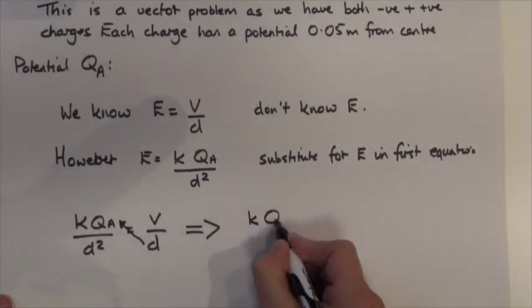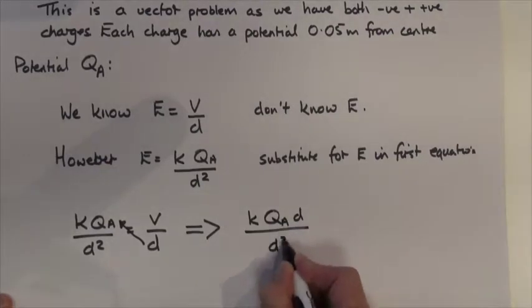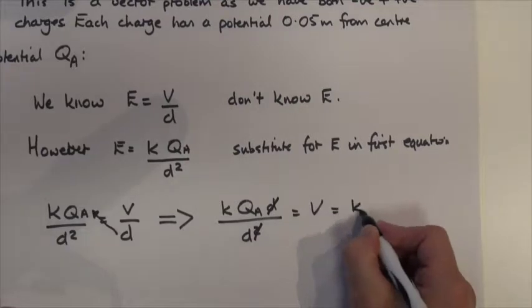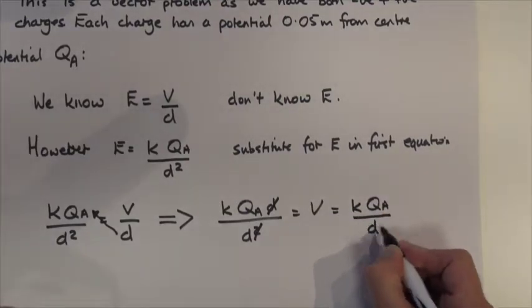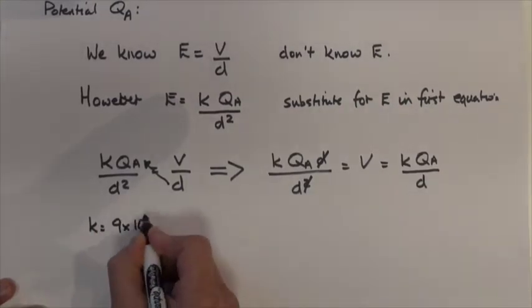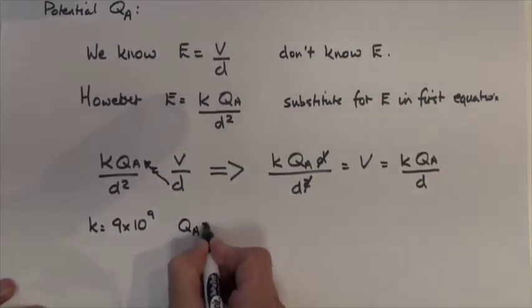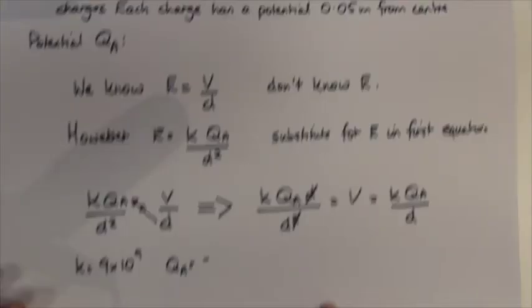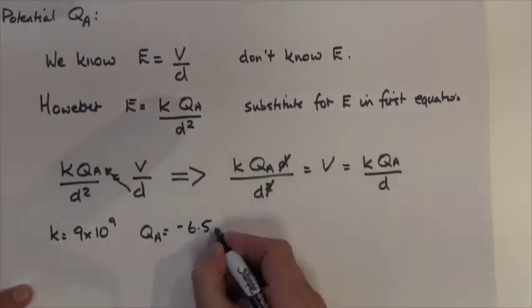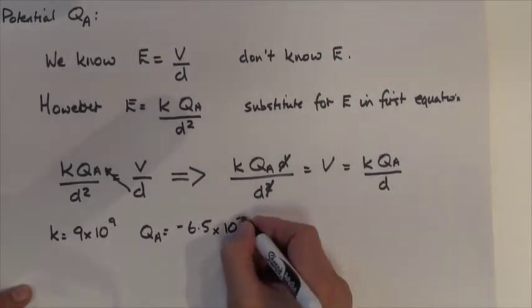Now if I move the D up and take it to the other side to make V the subject, the two D's cancel out, so I get that V equals K times QA all over the distance. I know that K is 9 times 10 to the 9. I know QA from my question is minus 6.5 times 10 to the negative 6 coulombs.